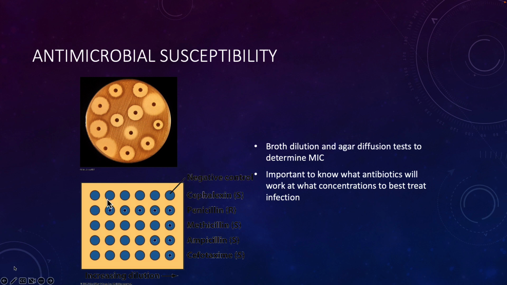You have increasing concentrations of the antibiotics. So this would be the highest concentration here. And then you start to dilute, and then this column would be the lowest concentration. Here are the different antibiotics. So each row represents a different antibiotic. And if a well has a dot, that means the bacteria grew.